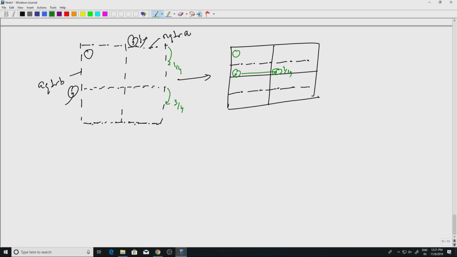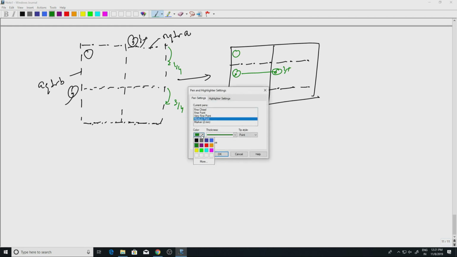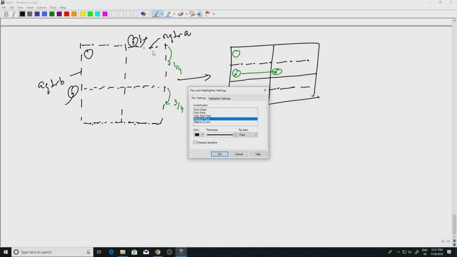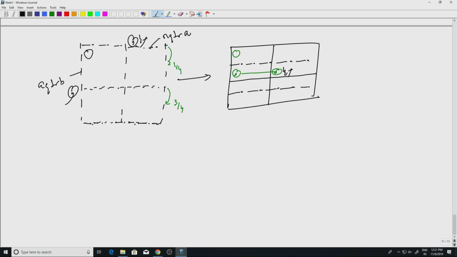Then translation by 1/2 in c-axis. A glide gets it here.